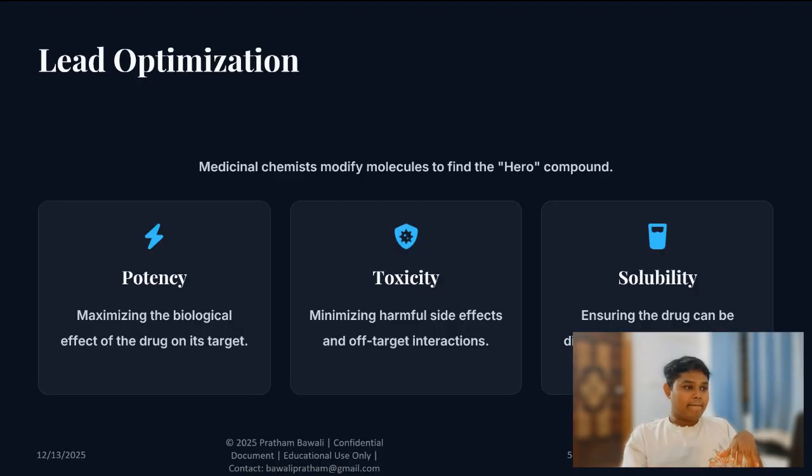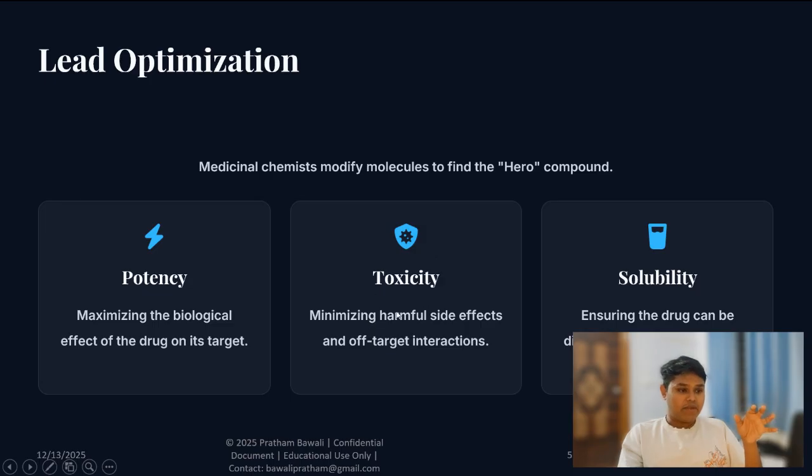Then lead optimization. Here, medicinal chemists modify the molecule to find the hero compound, which means maximizing the biological effect of the drug on its target, its potency.